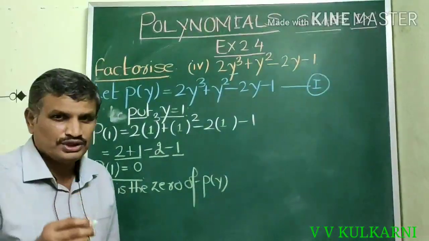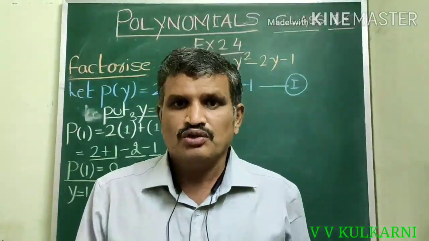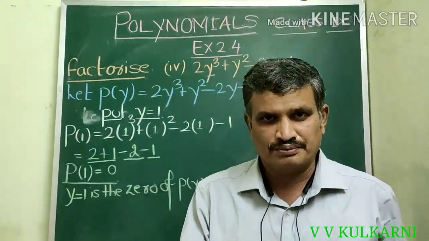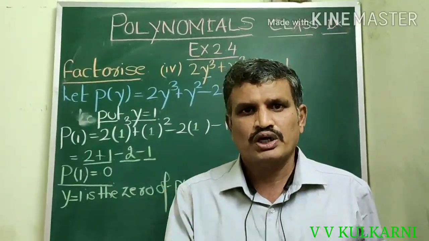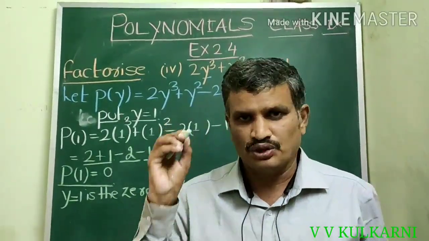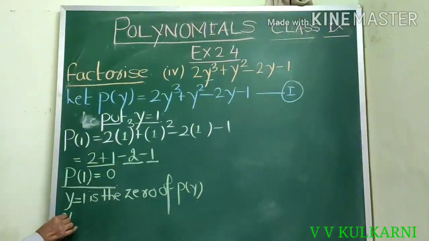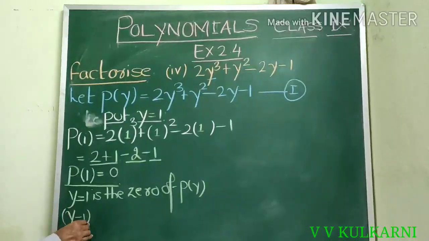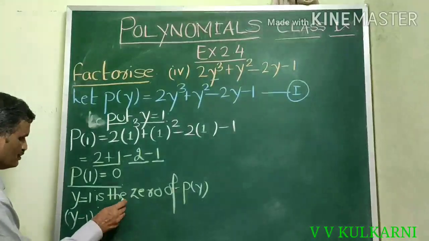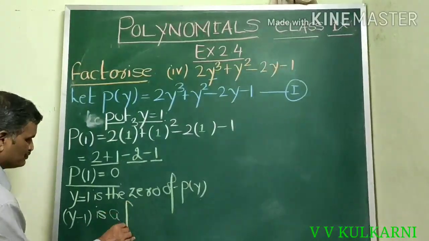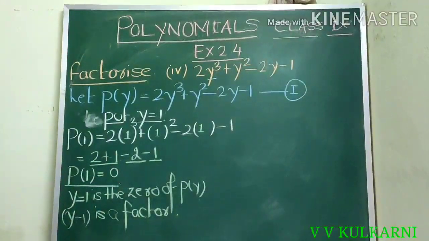And if y equal to 1 is a 0 of p at y, that means y minus 1 is a factor. That means if I divide the polynomial by y minus 1, surely I am going to get 0. So here I will write y minus 1 is a factor.